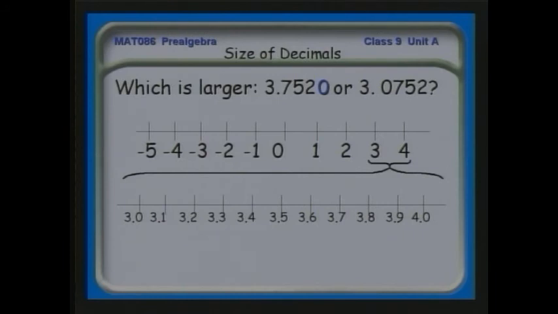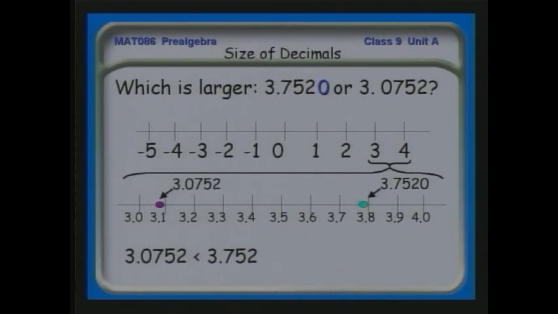Let's look at putting first 3.0752. That's going to be pretty close to 3. It's 3 and 7/100ths and so on. So it goes there, between 3.0 and 3.1. 3.752 is going to go here somewhere above 3.75. We need to make the scale even finer to figure out exactly where.